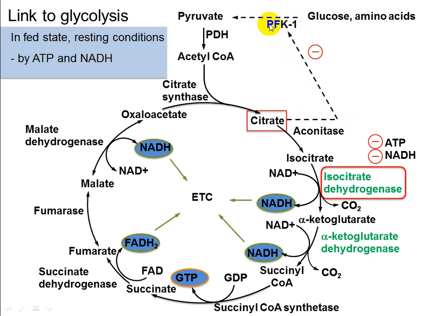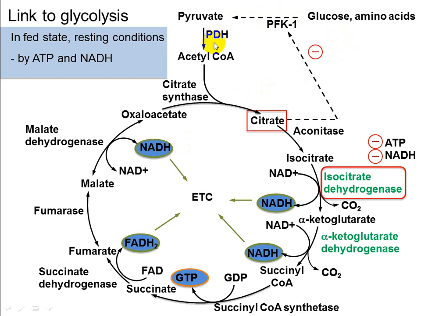When PFK1 is inhibited, glycolysis comes to a grinding halt in most tissues. So now, when the level of ATP and NADH goes up, we slow down the TCA cycle and slow down glycolysis. This happens in most tissues.